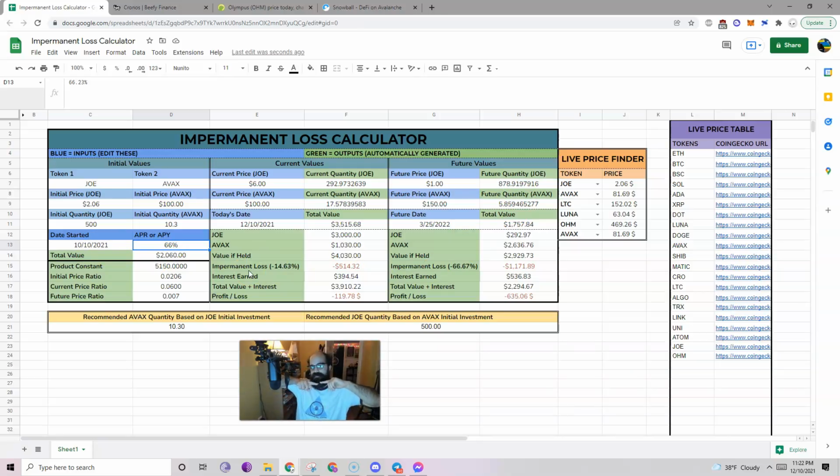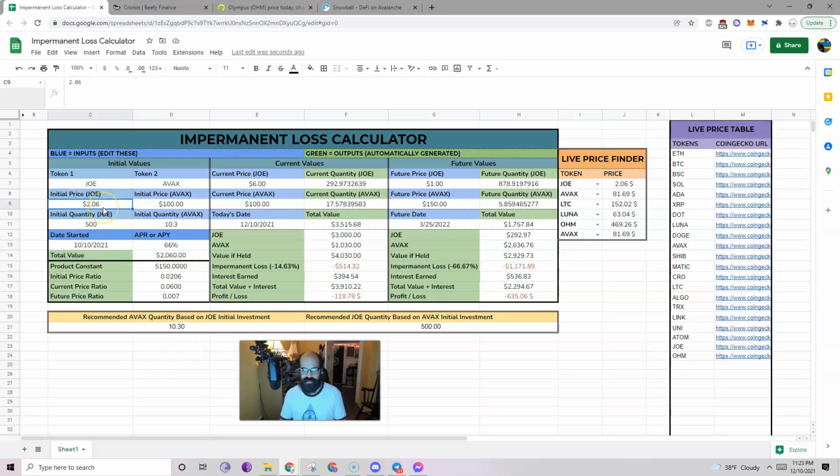APY exponentially increases over time, whereas APR is perfectly linear. So that's something to consider, and I haven't really built that out yet. So we're just working with APR, but for anything below 120%, APR and APY are going to give you roughly accurate estimates.